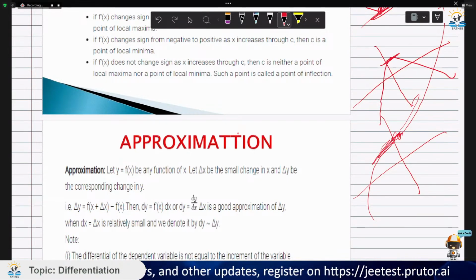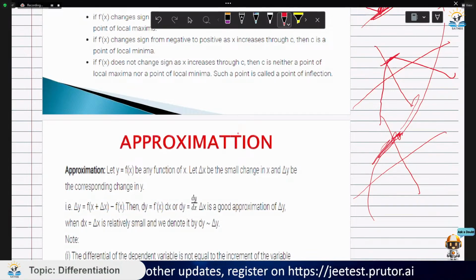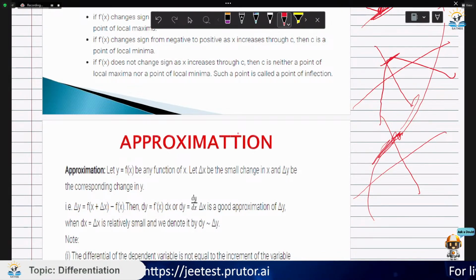So 3x square plus 3 times (6 minus x) whole square times minus 1 is equal to 0, because the first derivative has to be 0, right?